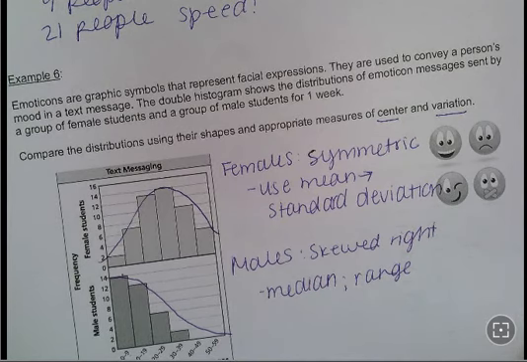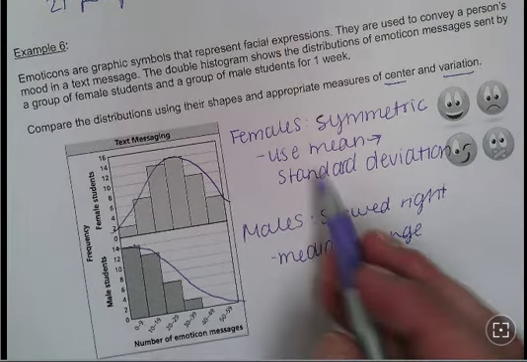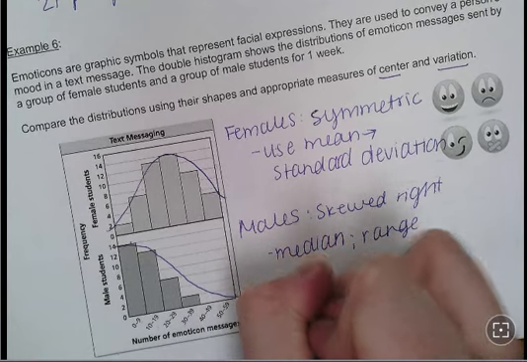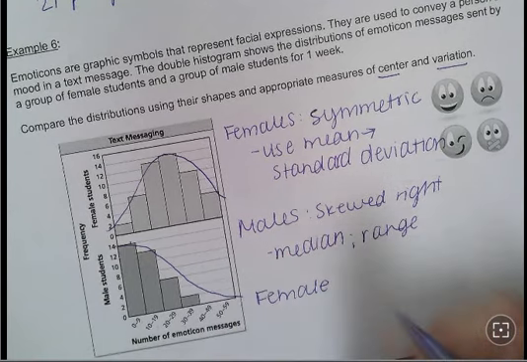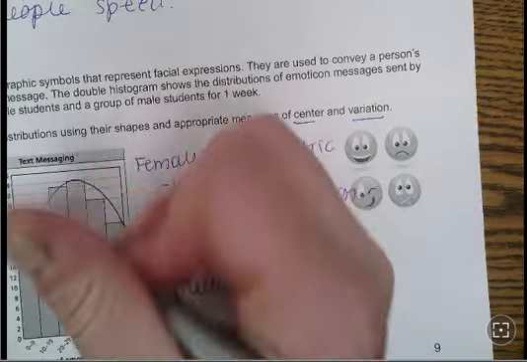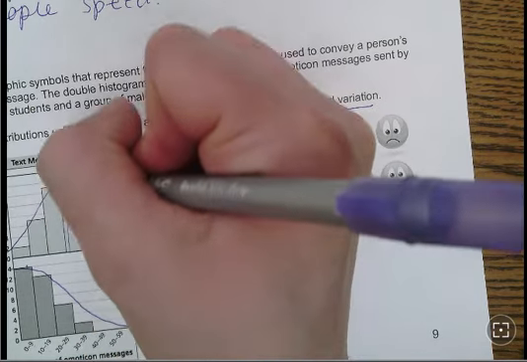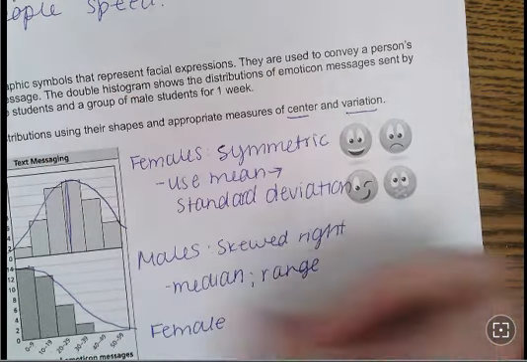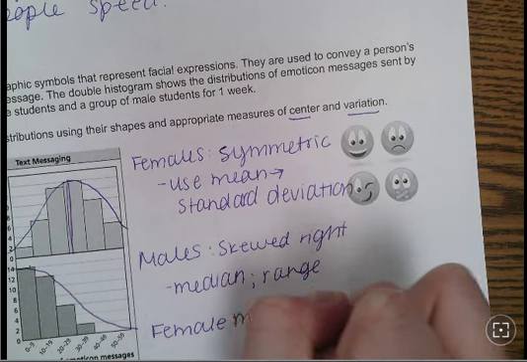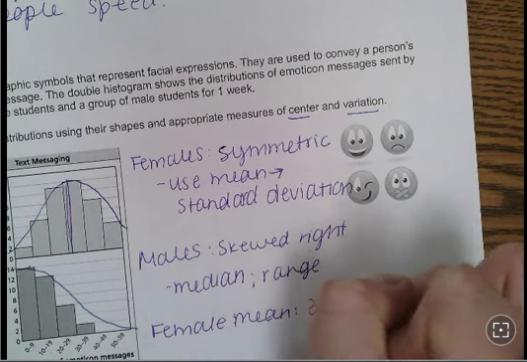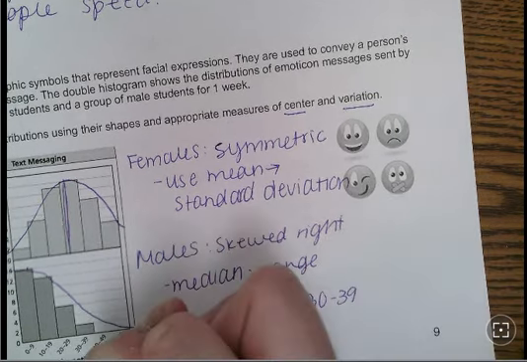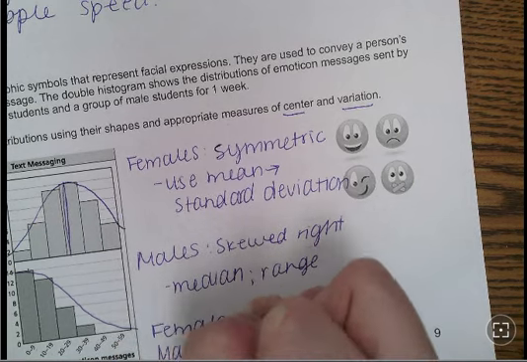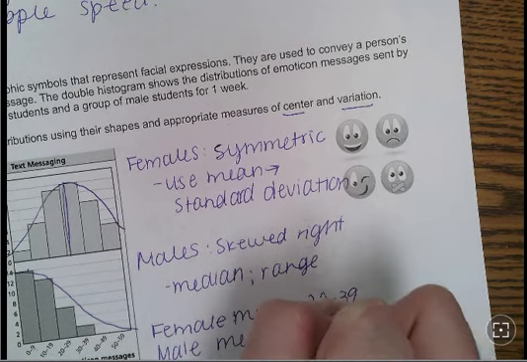And so now what we need to say is, if we're going to use the mean, let's use the mean. So for the female, the mean is going to be somewhere in here-ish, right? That's about the middle of our data. So the female mean is 30 to 39. And then we decided with the male that we need to use the median.